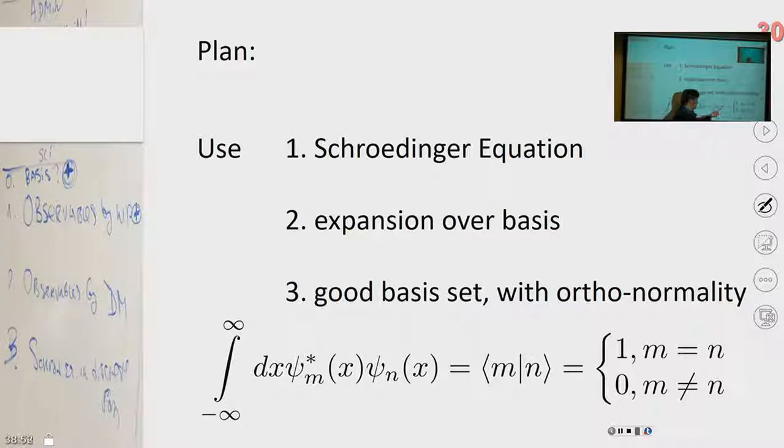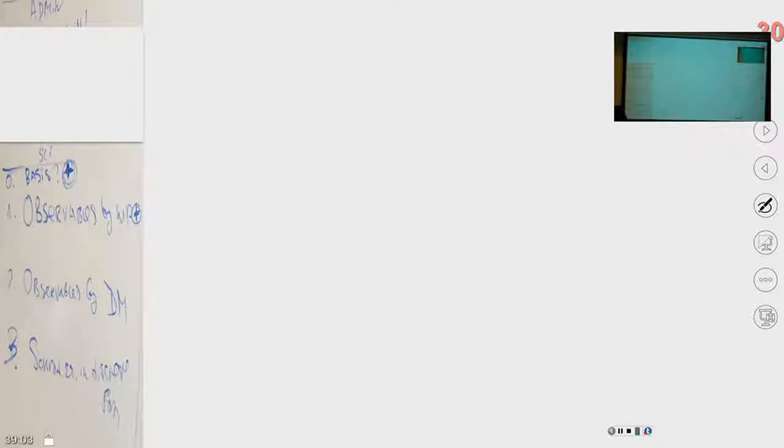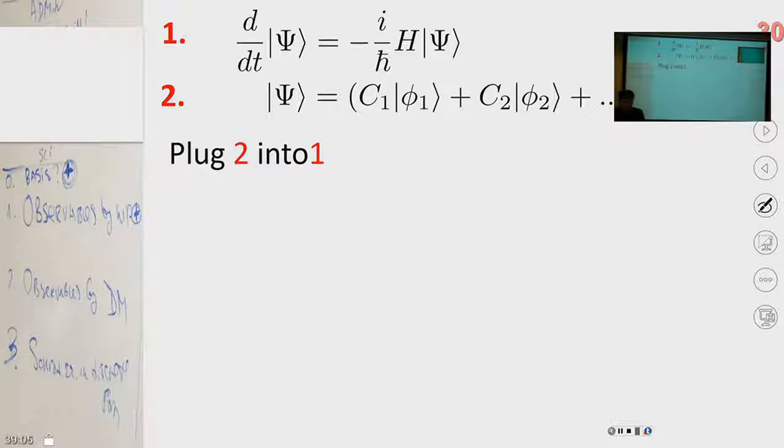So their convolution will give either 1 or 0. Okay? Now we are going to practice this thing, plugging in the definition of expansion coefficients into Schrödinger equation.